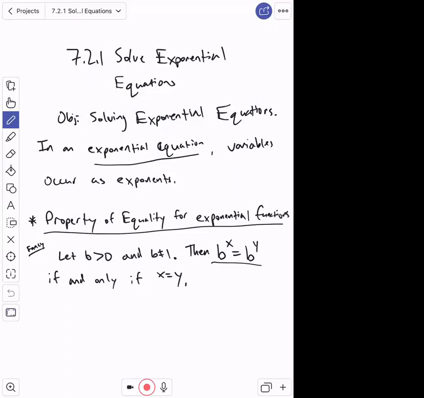So an example: if 3 to the power of x equals 3 to the power of 5, then x must be equal to 5.